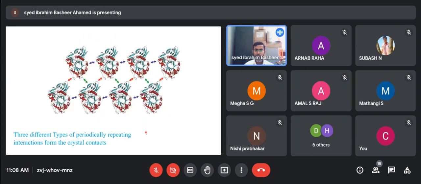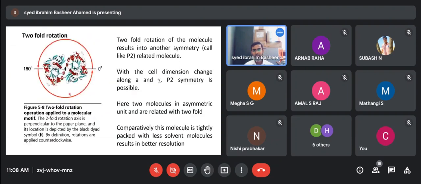Now you can see another packing. Any kind of packing is possible. Here is another kind of packing, representing 1 unit cell where you have 2 molecules, and these 2 molecules have 2-fold symmetry.